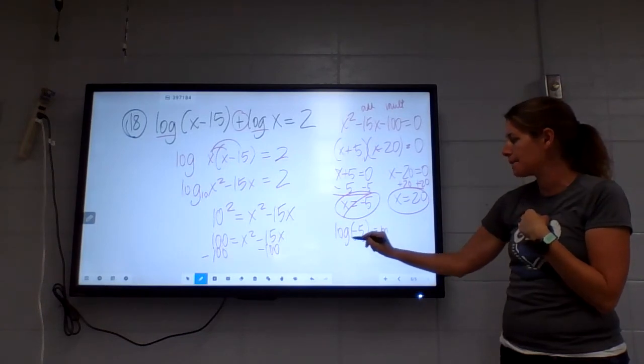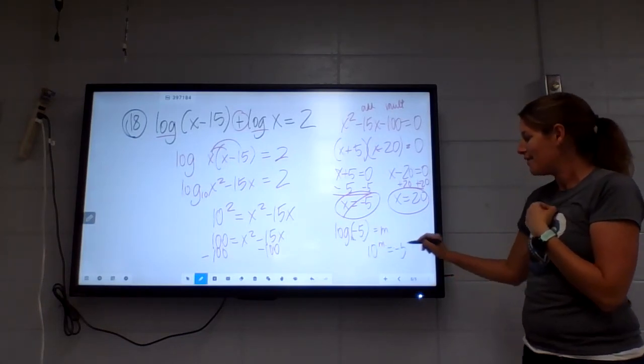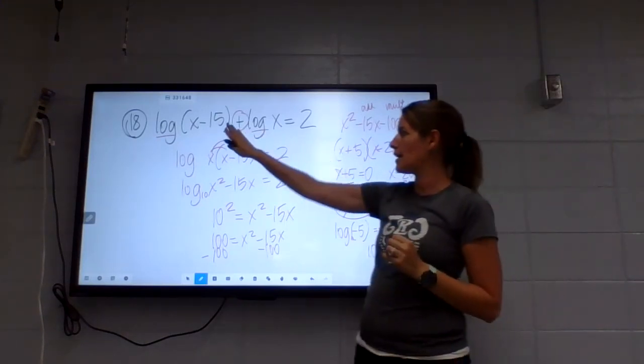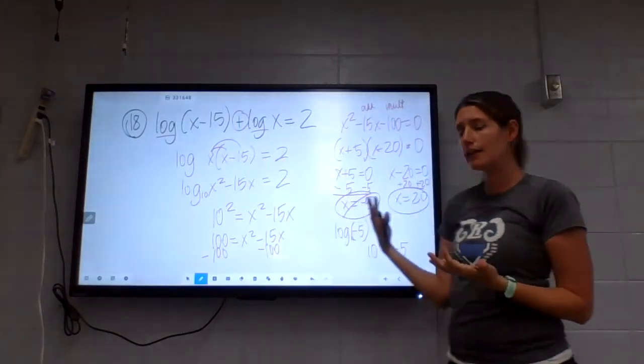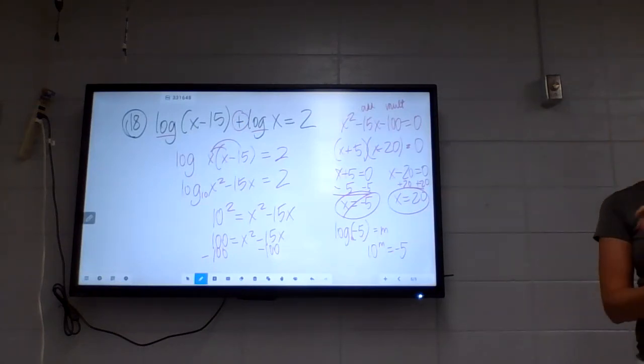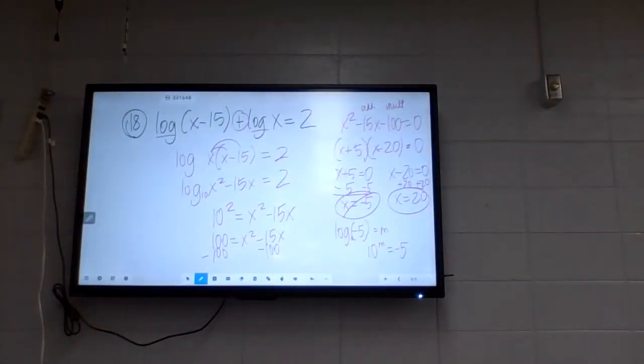I'm going to call this m. If my base is 10, 10 to the m power is never going to equal a negative 5. It just doesn't make sense that that could ever happen. So if we find the x value and we put it back in, it ends up being that we're taking the log of a negative. It doesn't work. So that's one thing we probably need to add to our notes somewhere. We can put that down and make sure we get that, but you can't take the log of a negative.